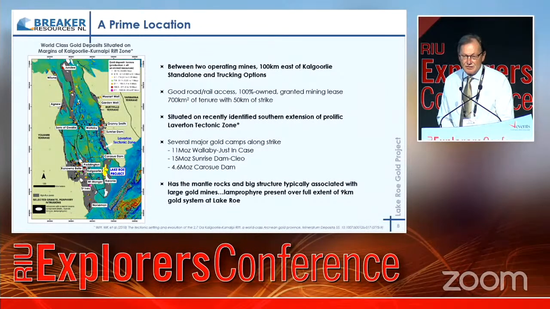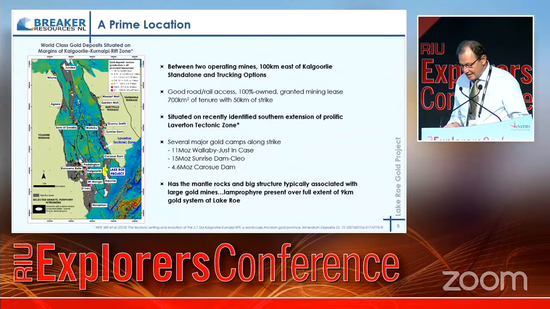They're essentially on the margins of a big rift where you have a deep mantle connection, basically highlighted by the presence of rocks like kimberlite, lamprophyre and the like. We've got those. So it's a place where you expect to find a significant gold deposit. And we're seeing those mantle rocks over the full 9 kilometres of our gold system.